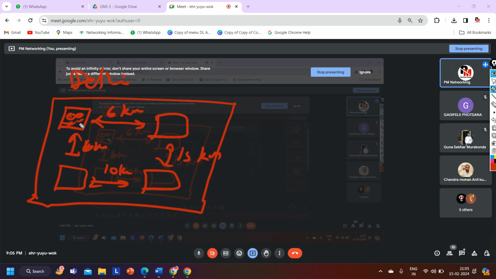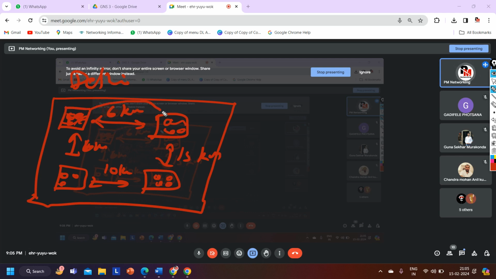In each branch we have some networking devices. So which type of network are these? These can be LAN or CAN. Let's say in a single branch we have multiple buildings, so it can be called CAN also. You can say LAN as well as CAN, no problem at all.